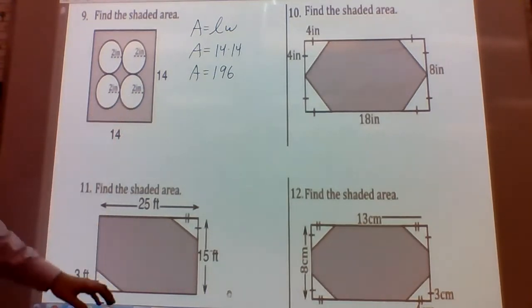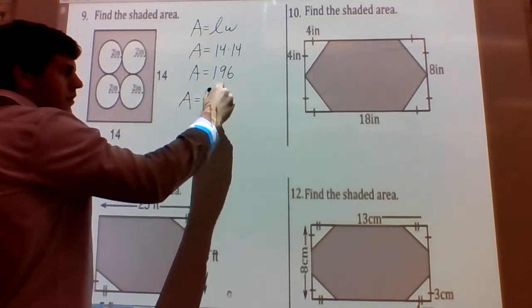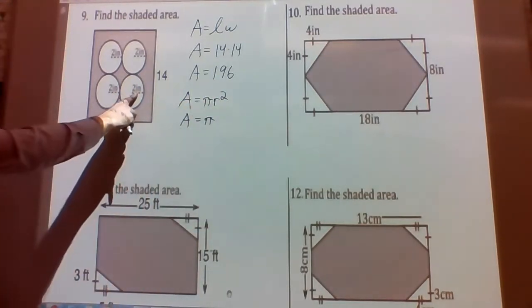The area of a circle is pi r squared. The radius of our circle is 2.